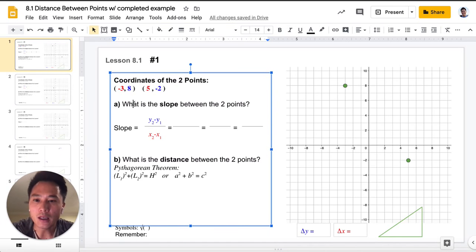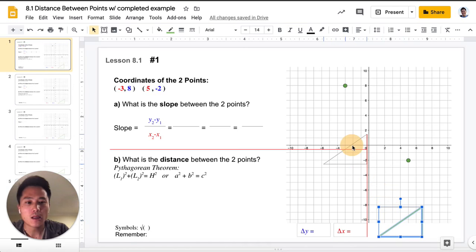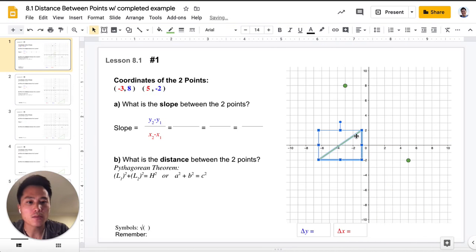Okay, and then the next part asks us, what is the slope between those 2 points? And for this activity, between each 2 points, you're going to make a slope triangle. A slope triangle is a right triangle that connects the 2 points where the hypotenuse goes between the 2 points. So remember, the hypotenuse is the long side of the right triangle, this side right here.